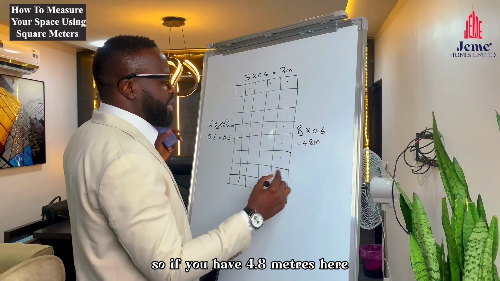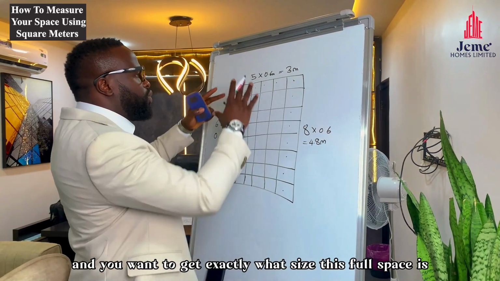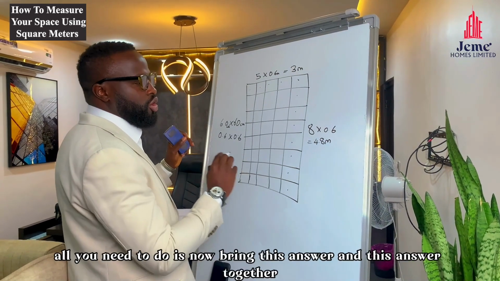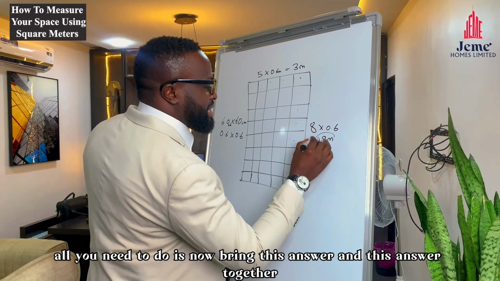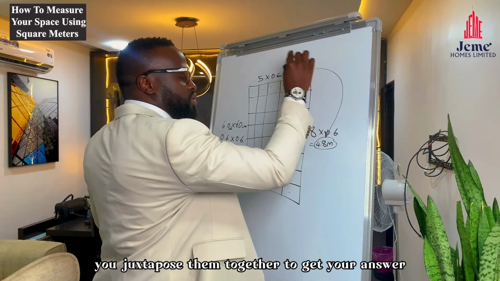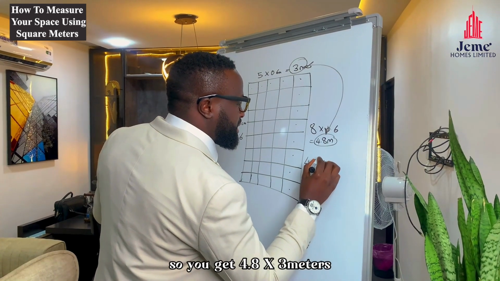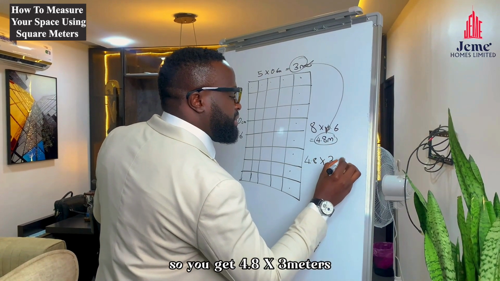So if you have 4.8 meters here, and you want to get exactly what size this full space is, all you need to do is bring this answer and this answer together. You just multiply them together to get your answer. So you get 4.8 times 3 meters.